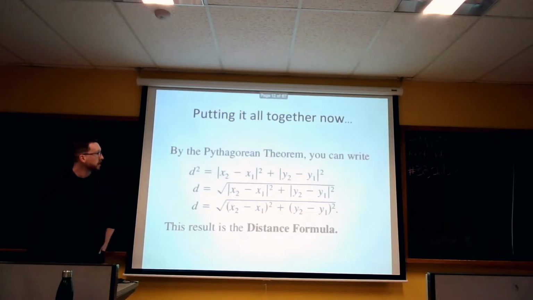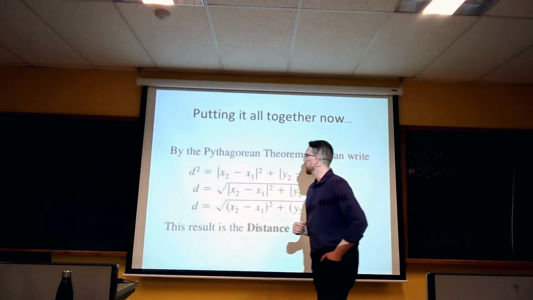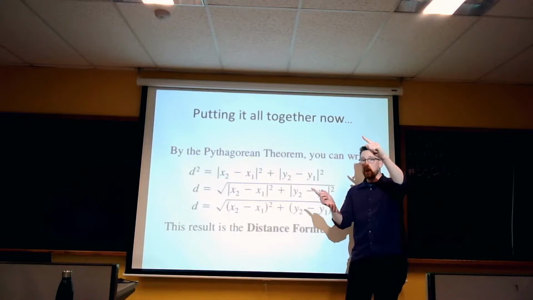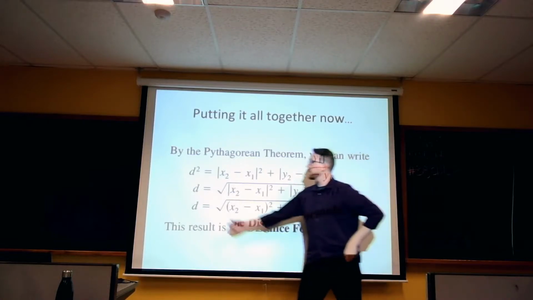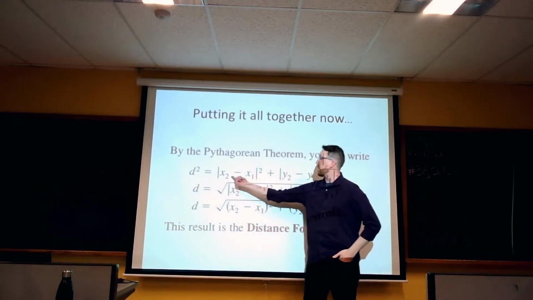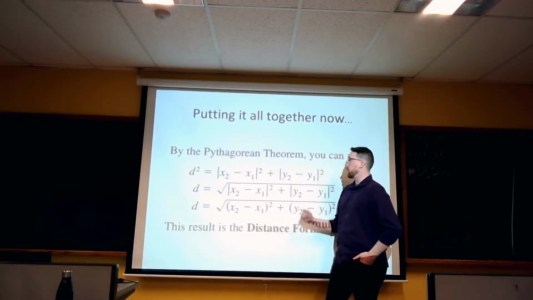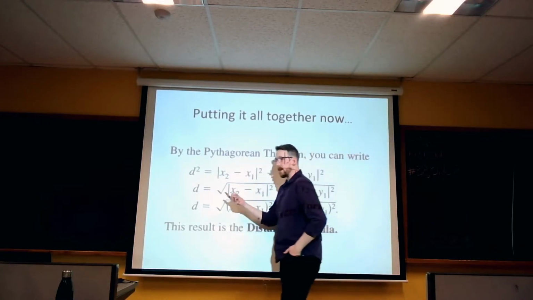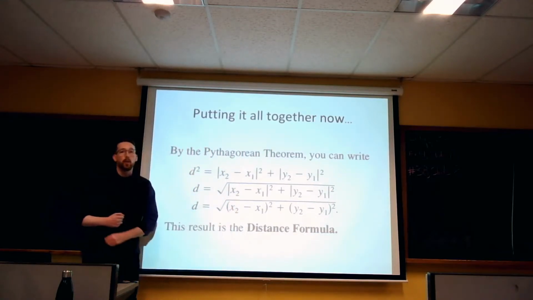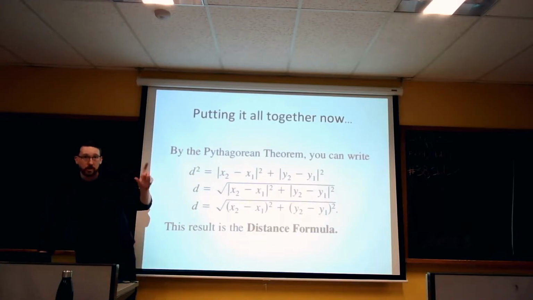And using that, we can say, all right, that must mean the distance between those 2 diagonal points, that diagonal distance, d squared is equal to the difference in our x values squared plus the difference in our y values squared. Well, knowing this, now we can take the square root and we can get the length of the distance between those 2 points.